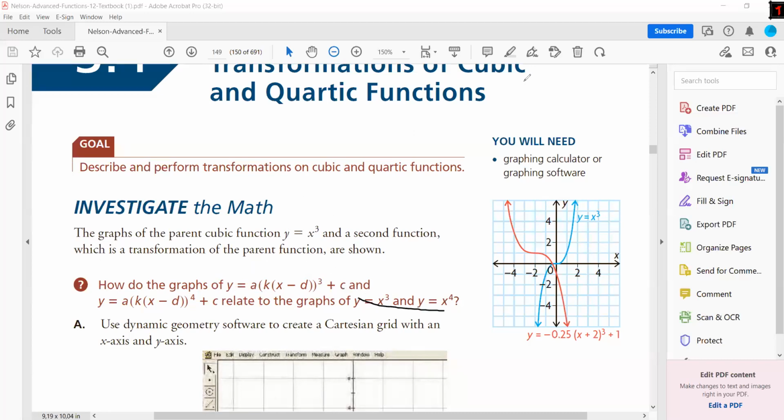We don't have any c coefficient, so it means c equals 0. It's only x to the third power, so we can say that d equals 0, and as we don't have any multiple for x, we can say that k equals 1, and as we have simply x to the third power, it means a equals 1. So it's a positive leading coefficient.